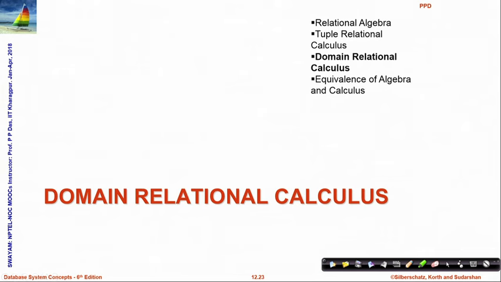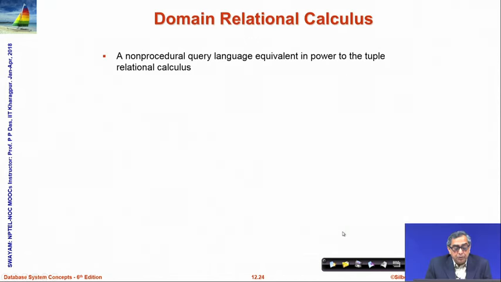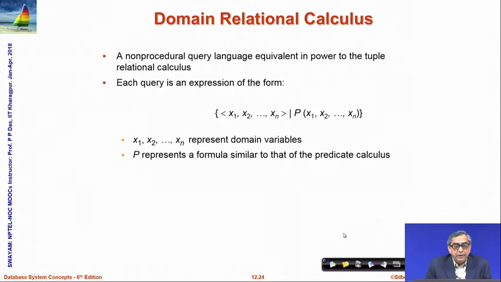A third formalism that exists, that is used, is known as domain relational calculus, which is also non-procedural and equivalent in power to tuple relational calculus, and is very similar to it. The only difference being, if you just recall, in tuple relational calculus we write the collection of tuples T such that P(T), that is the predicate P is satisfied by T. Here, instead of writing a tuple variable T, we expand it out in terms of all its components.